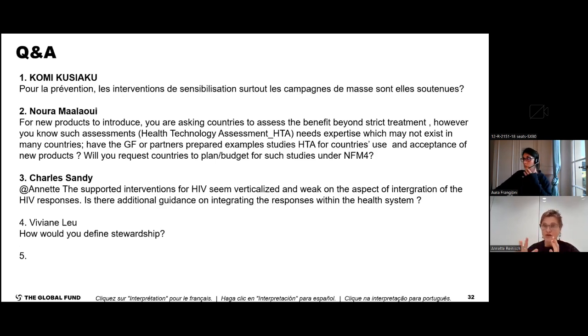Having given you this long introduction, we would not be very supportive of mass media type of interventions, and we should rather focus on prevention communication and demand creation to provide access and use of HIV prevention options. Over.